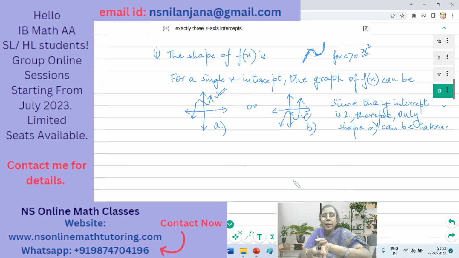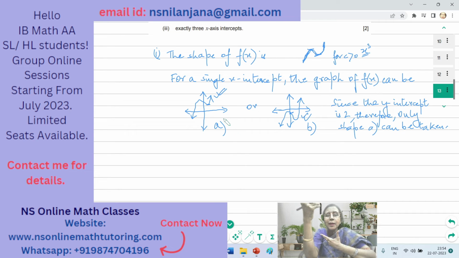And for shape A to be considered, for all the graphs that we have seen so far which had the maximum point and the minimum point, the maximum point was always above the x-axis. The minimum point was above the x-axis for c equal to half, it was on the x-axis for c equal to 1, and it was below the x-axis for c equal to 2. Okay. So for this, we are seeing the minimum point is above the x-axis.